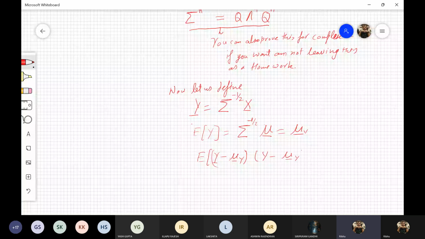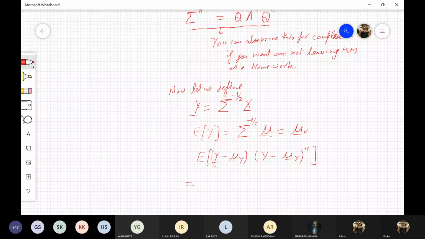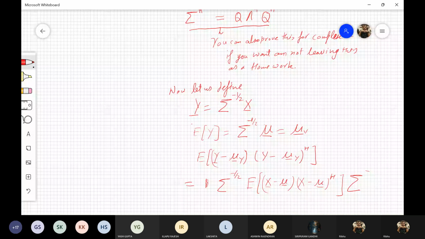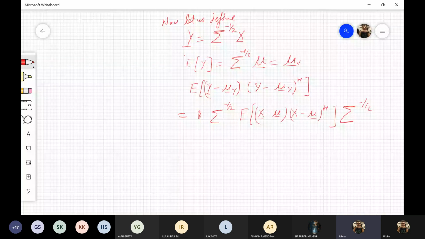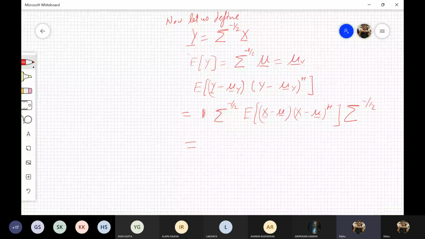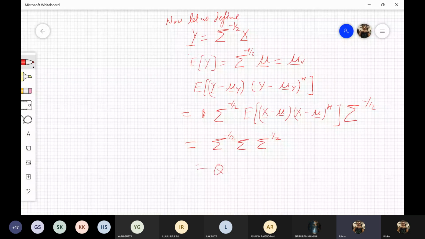So this sigma minus half is a constant. It comes out: sigma minus half, expectation of (x minus mu)(x minus mu) Hermitian, sigma minus half, equals sigma minus half sigma sigma minus half, equals Q lambda minus half Q Hermitian Q lambda Q Hermitian Q lambda minus half Q Hermitian, which equals identity.